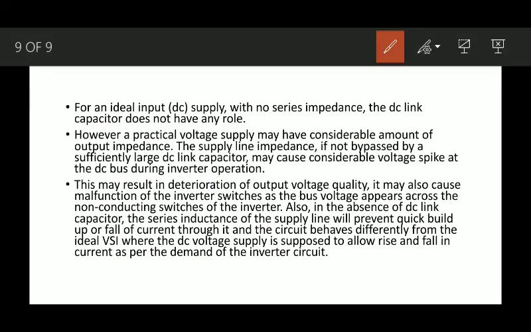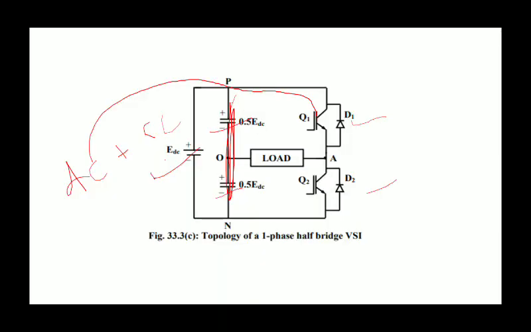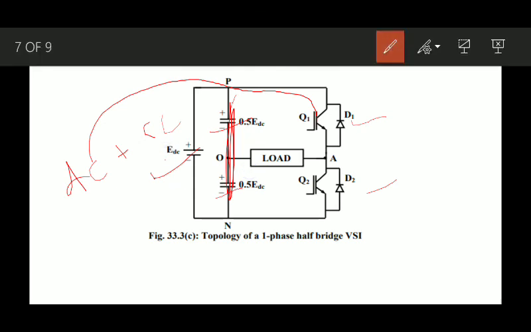For an ideal DC input supply with no series impedance, the DC link capacitor doesn't have any role. If it is a pure ideal battery, there is no role for the DC link capacitor. But as we know, there is nothing like an ideal battery. A practical battery always contains a resistance and an inductor in series with the battery.